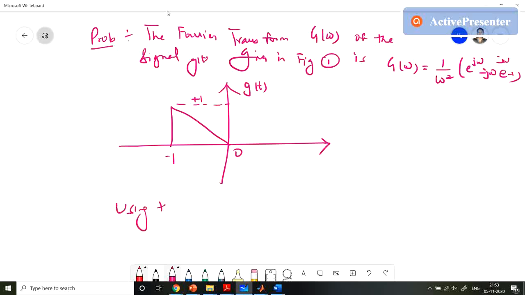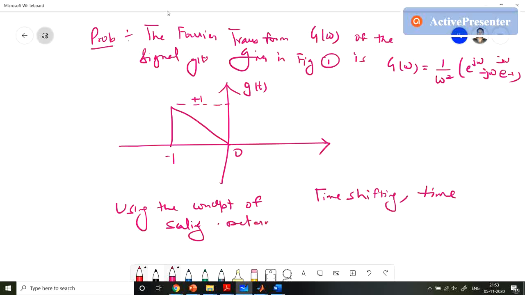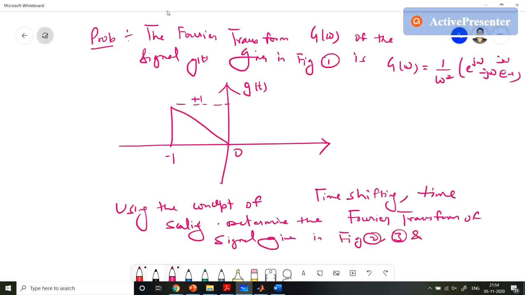Now using the concept of time shifting, time scaling, determine the Fourier transform of the signals given in figures 2, 3 and 4.